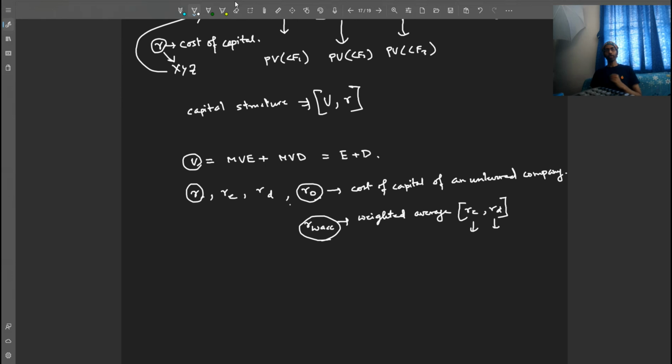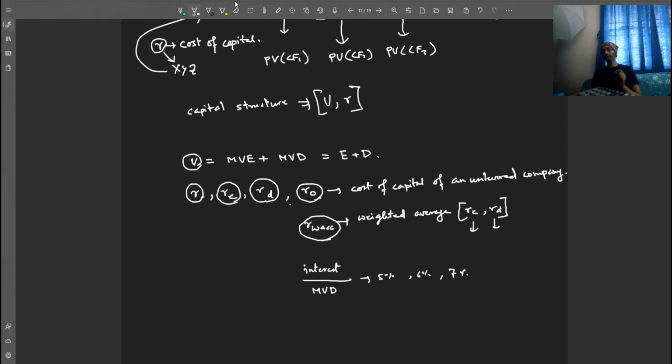So the question remains, how do we measure return on equity and return on debt? Return on debt is, simply speaking, the interest you get when you invest in the debt divided by the market value of the debt. It can be 5%, 6%, 7%.